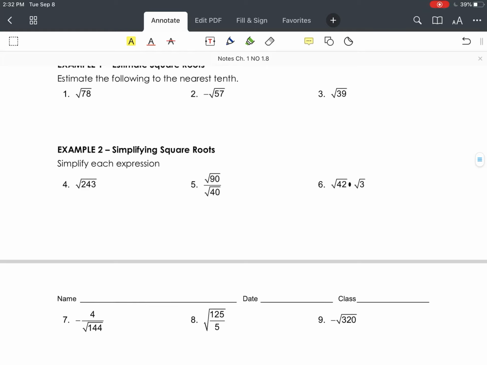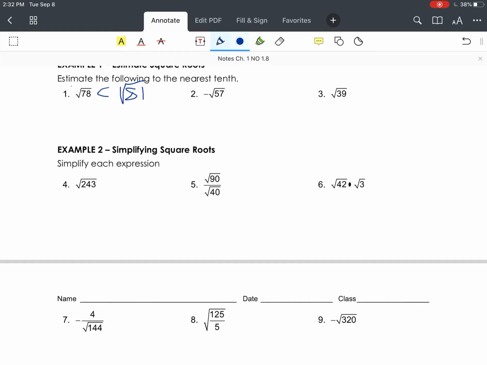All right, example 1, they want you to estimate the square root to the nearest tenth. So you could obviously always just use your calculator to find these, but it is helpful in maybe a multiple choice SAT non-calculator scenario to know where these would fall. Well, the square root of 78, I know that a perfect square that's larger than 78 would be 81.